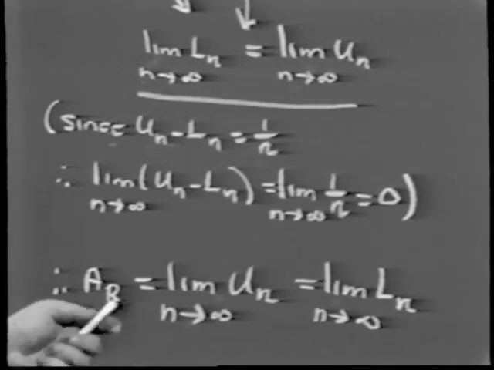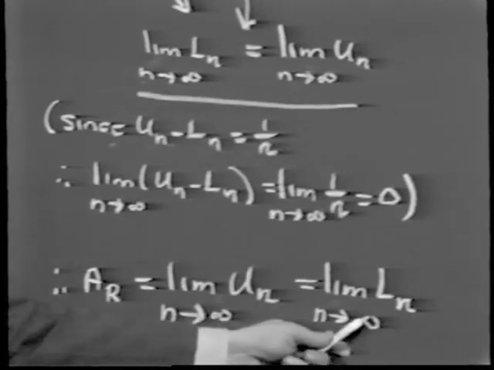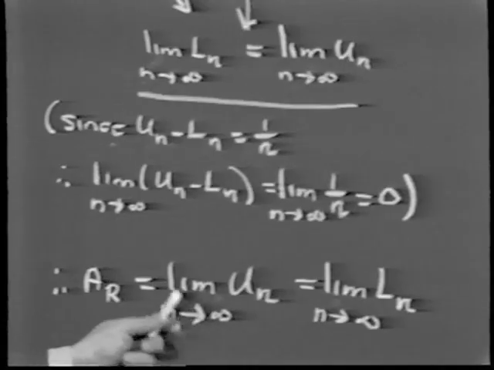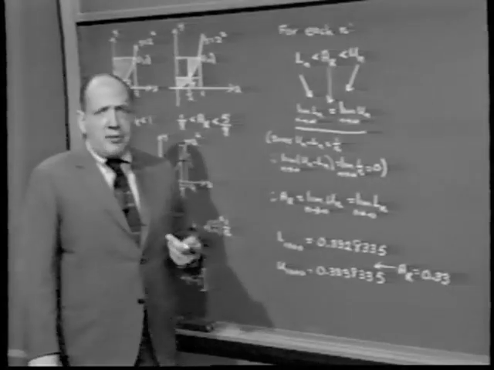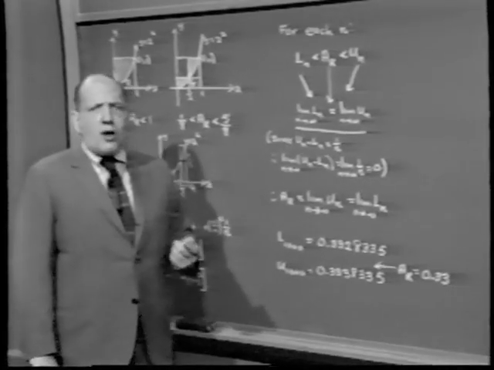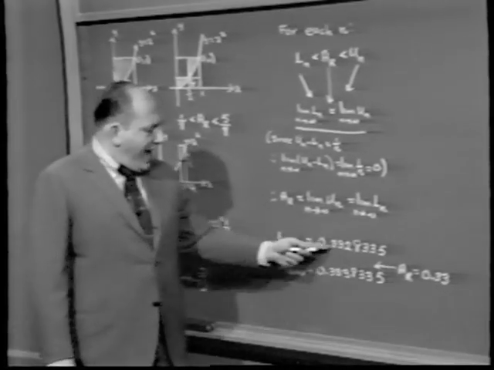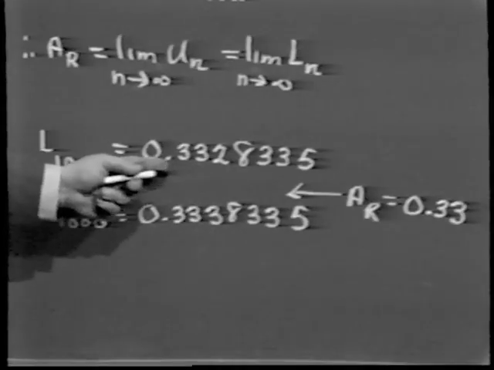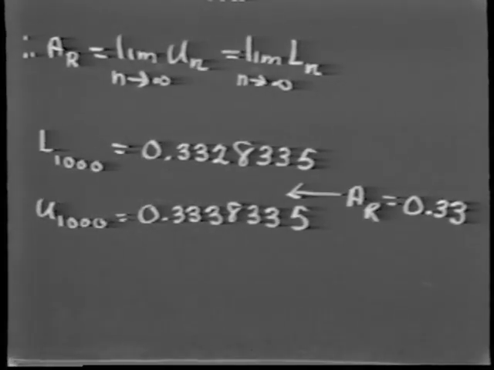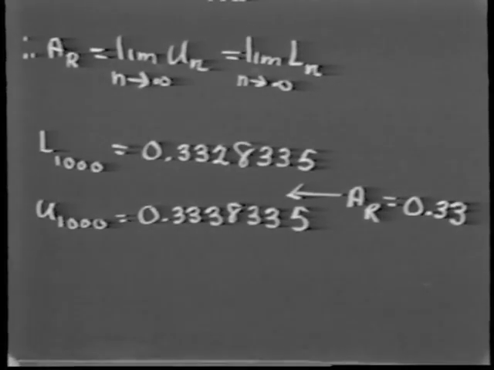Now, by the way, I'm going to point out the fact that it's very, very difficult in general to find what this limit is. We're going to see that in working a few specific problems. What I thought might be informative, without going through the details right now, I have taken the liberty of computing L sub n and U sub n in this problem for n equals 1,000.